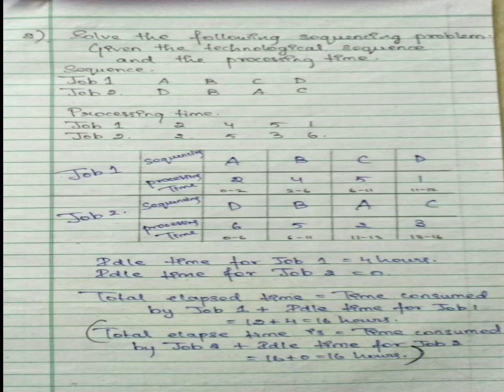So total elapsed time is equal to time consumed by job 1 plus idle time for job 1. Time consumed by job 1 will be 2 plus 4 plus 5 plus 1, so that is 12. 12 plus 4 is equal to 16 hours.